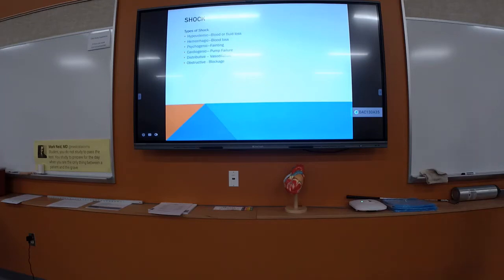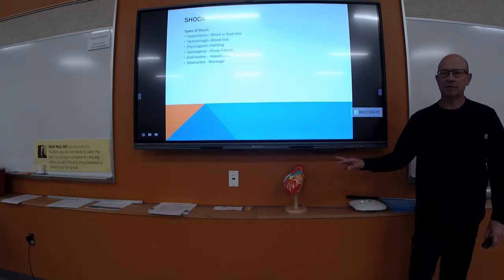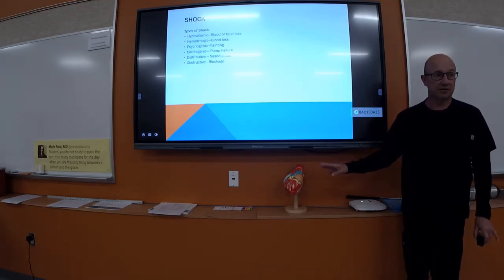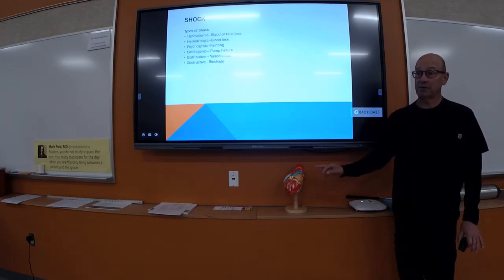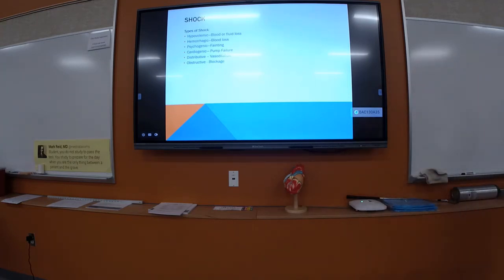The other type is cardiogenic, or pump failure. Most of the time cardiogenic shock is fatal, but we have a pump failure, either through a sudden onset of congestive heart failure, or through an MI, myocardial infarction or heart attack.